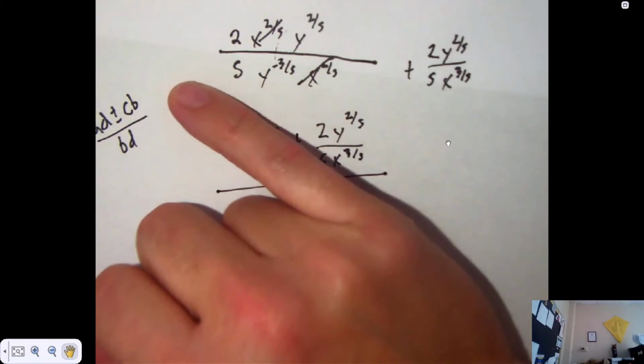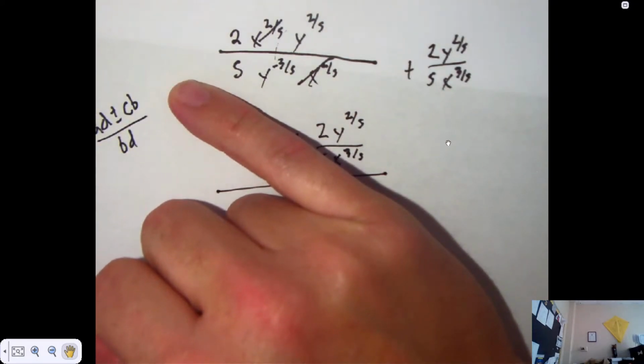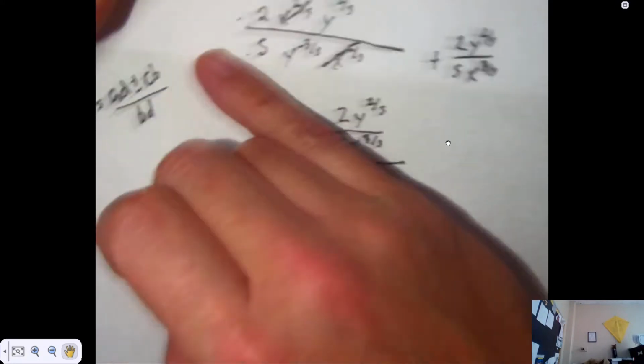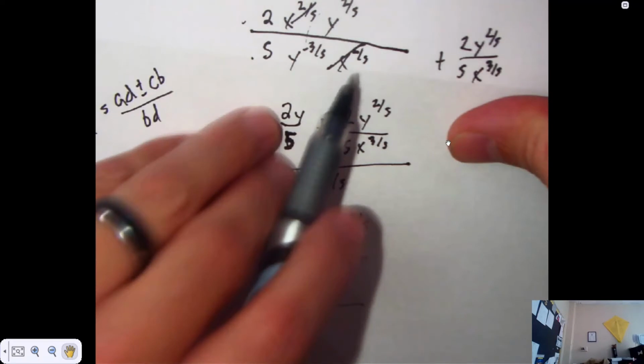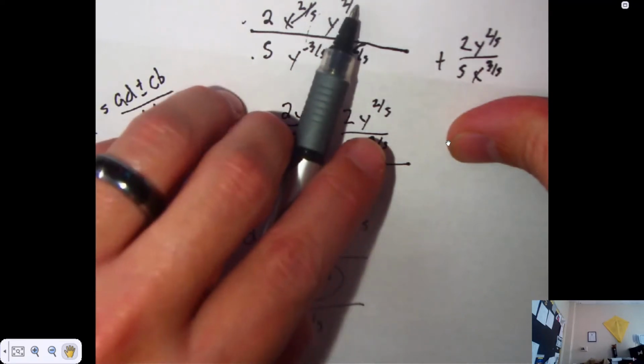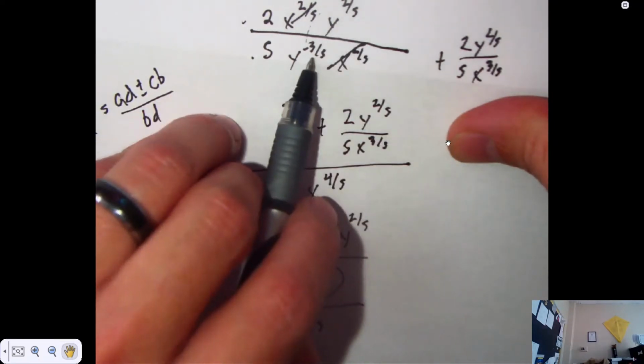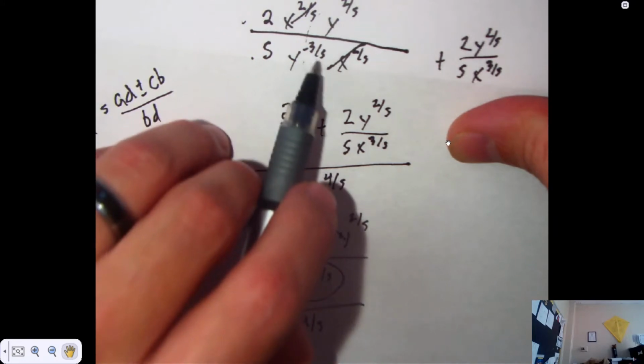A rewrite was done. 2 over 5 x to the 2/5, one up high, one down low. Y to the 2/5 up high. Right there. It's right there.